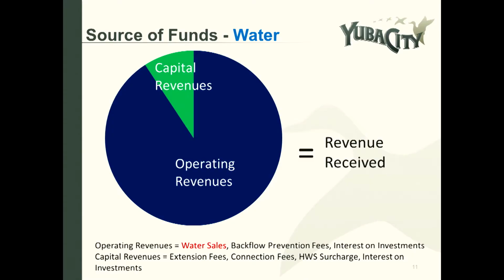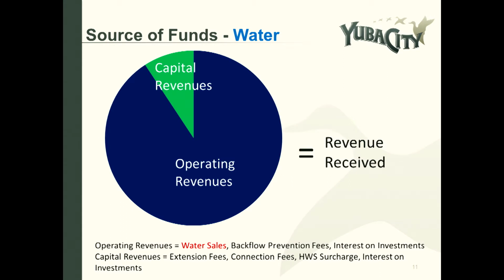So the sources of your funds are capital revenues and operating revenues, and those total the revenues received. Operating revenues are comprised of water sales, backflow prevention fees, and interest on investments, and capital revenues are comprised of extension fees.